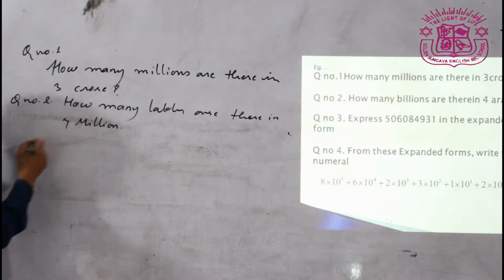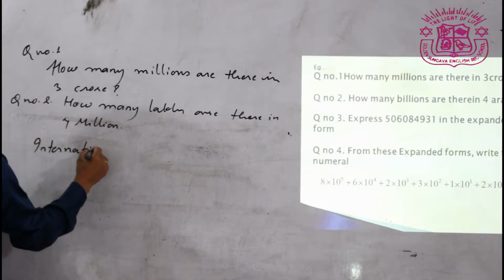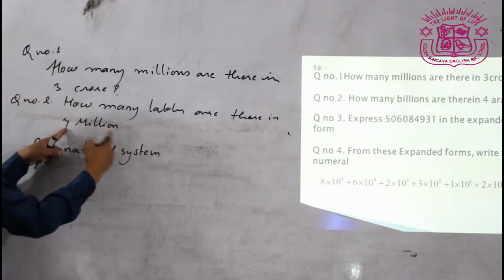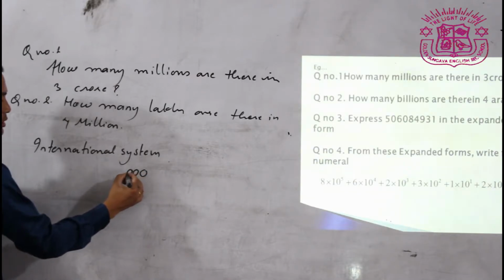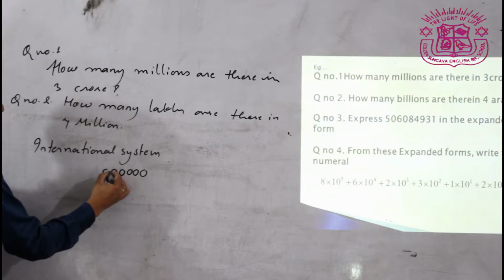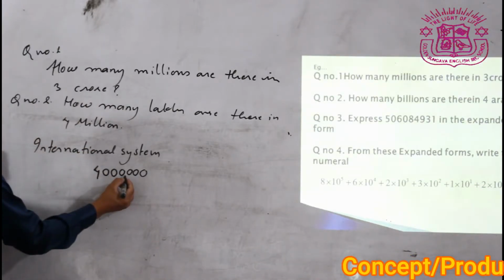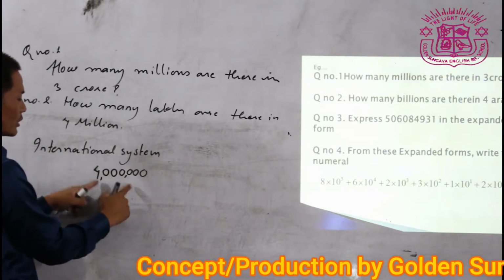First of all, write down million in international system. Okay, let's write 4 million, right? Ones, tens, 100, 1000, 10,000, 100,000, million. How much million? 4 million. Separate it with comma. In international system, we write 4 million in this way.